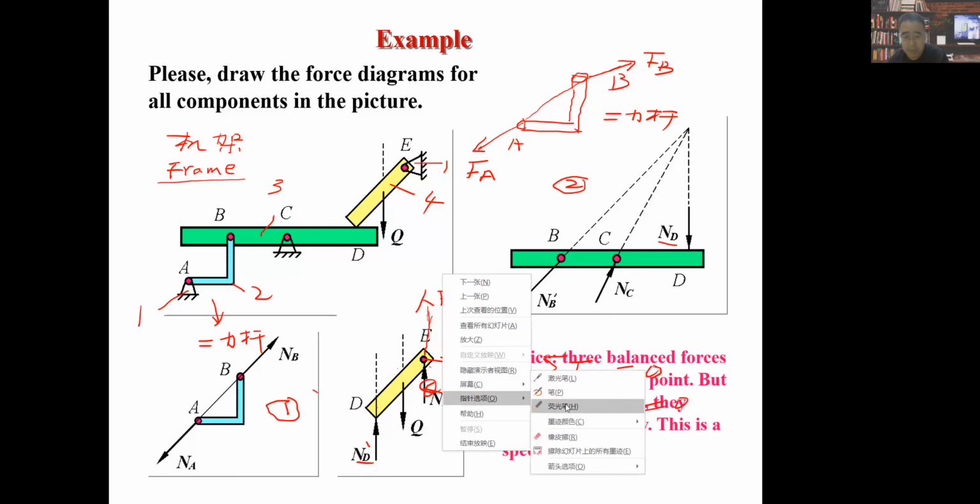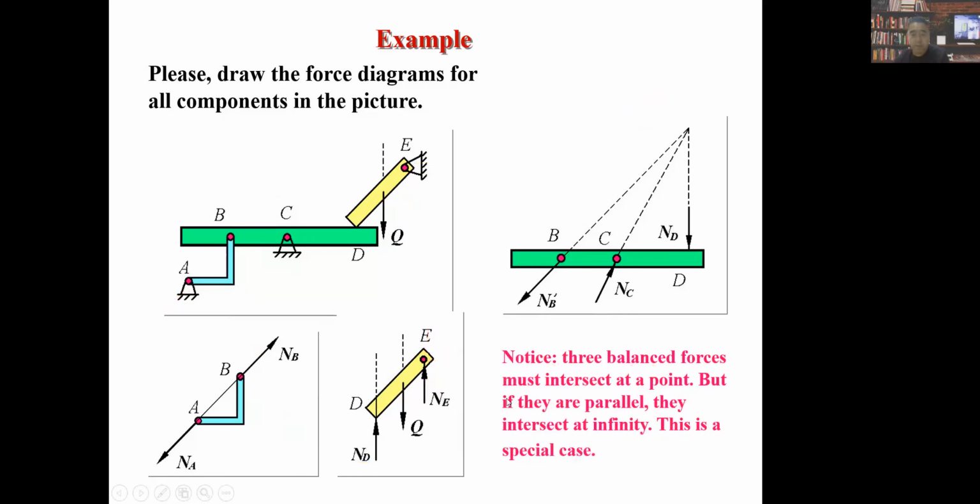Now notice, 3 balanced forces must intersect at a point. These two examples often use this.